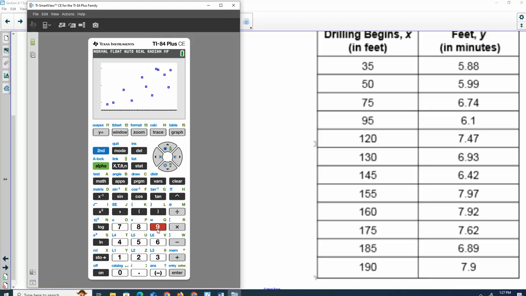Okay, so now go to second, and then plot one. Plot one, on. The first one's the scatter plot, that one. And then just enter out. Now go to stat. Okay, go to Zoom at the top, Zoom 9.